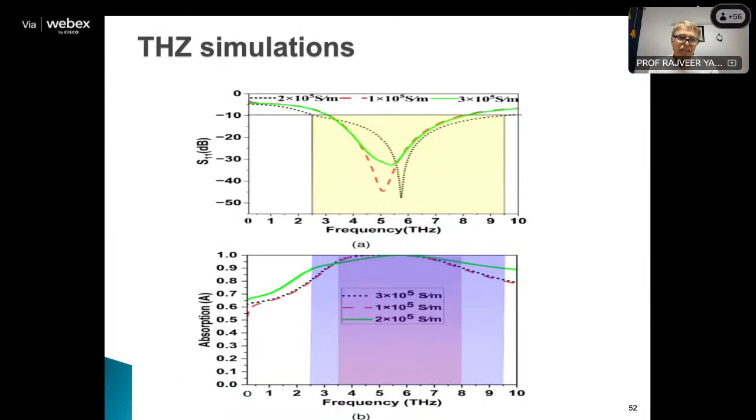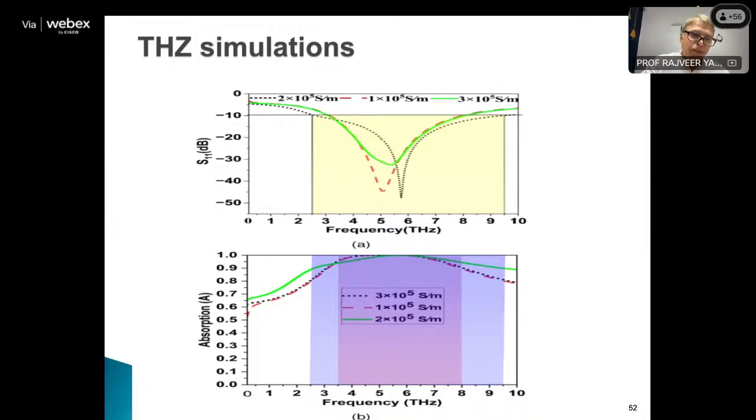Now, these are the behaviors depending on the structure and the material; we are able to get a response. One is frequency versus reflection, another is frequency versus absorbance. This is what we are targeting. If you see the absorbance here, at a particular frequency we would like to tune this behavior to be very sharp.